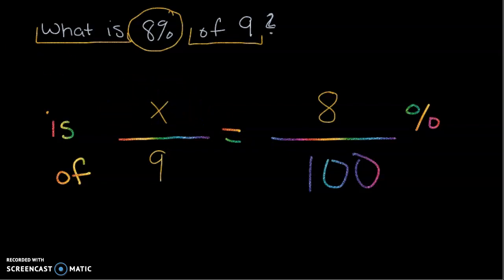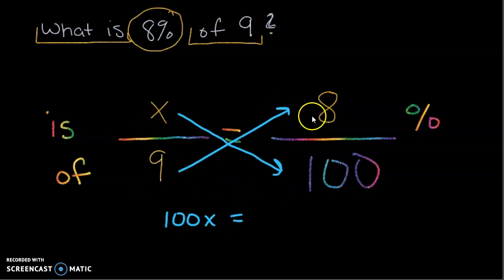Once you have that all settled, we just have to cross multiply and divide. To cross multiply, it doesn't matter who goes first, x times 100, we write as 100x. I do not know what x is, but this is also read as 100 times x, equals 9 times 8, which is 72.